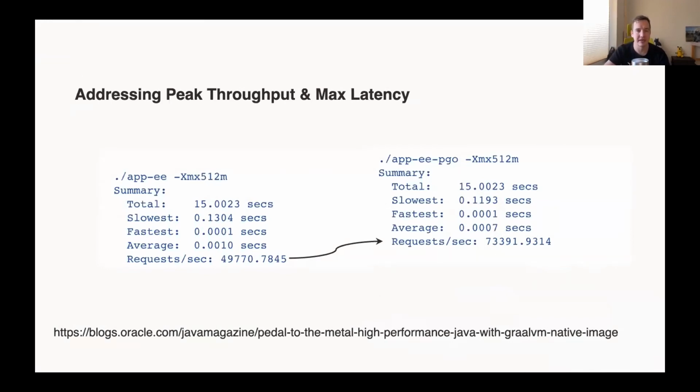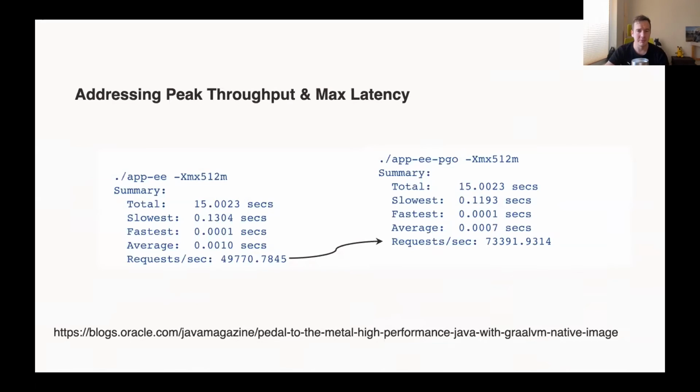For example, in a recent experiment, I had the application and I ran it twice. One was just compiled normally, and the other was compiled with all the performance enhancements that Enterprise Edition can provide at that time. And I almost doubled the average throughput of my application.